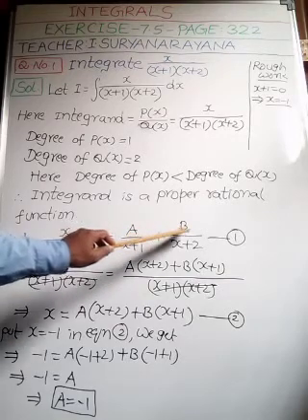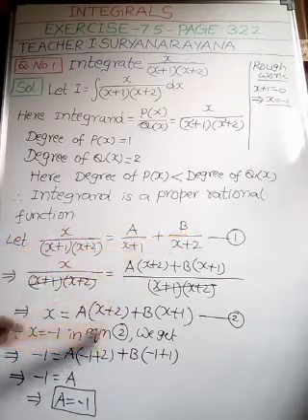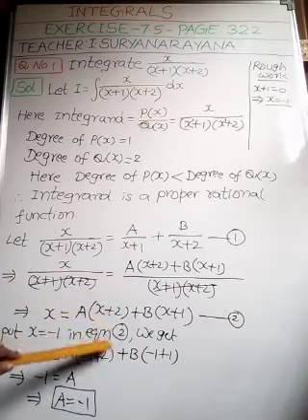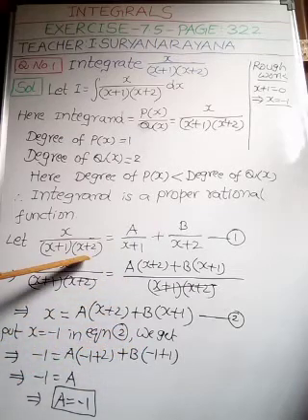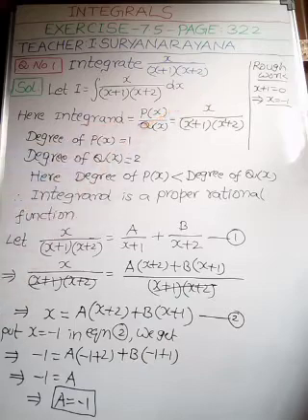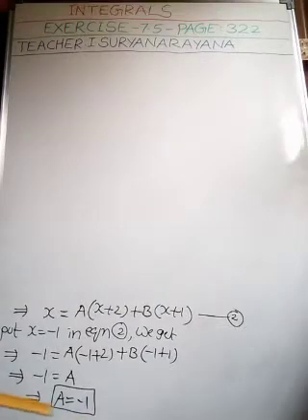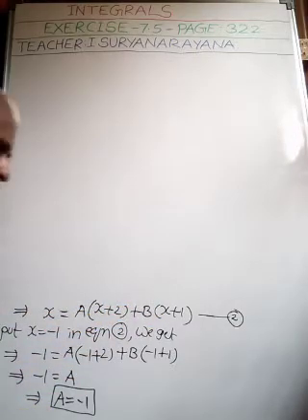Now we have to find the value of b. Understood these steps? To get the value of b, take the second linear factor in rough work. We follow the same procedure. We got the value of a. Similarly, we have to find the value of b. What is the second linear factor? X plus 2.